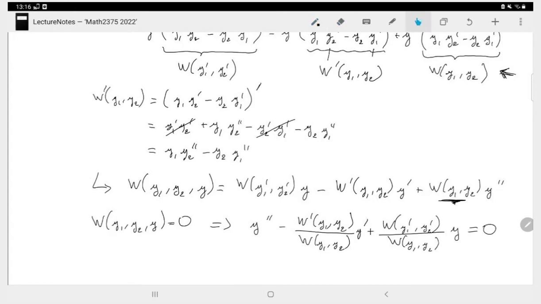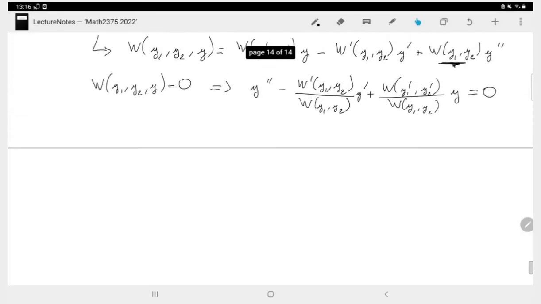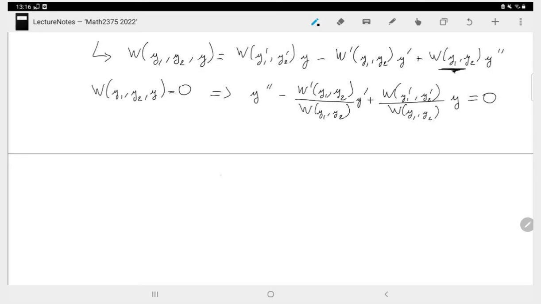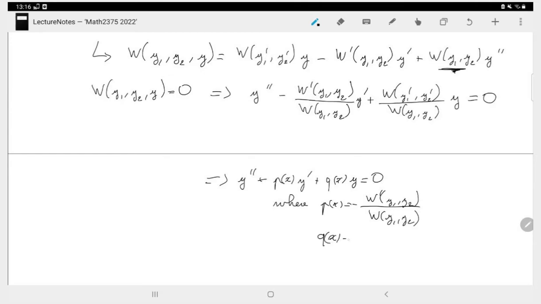And so what we see here is that we have managed to write down our equation in the usual form for a second order differential equation, homogeneous and linear: y double prime plus p of x y prime plus q of x y equals 0, where p of x equals minus W prime(y1, y2) over W(y1, y2), and q of x equals W(y1 prime, y2 prime) divided by W(y1, y2). Okay?